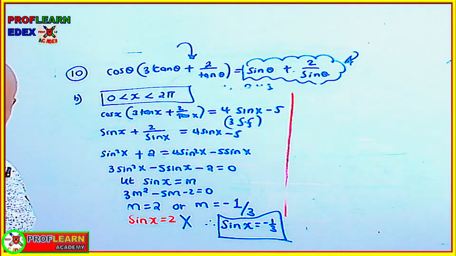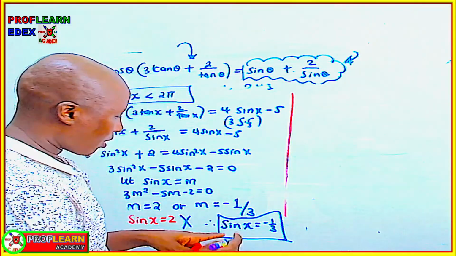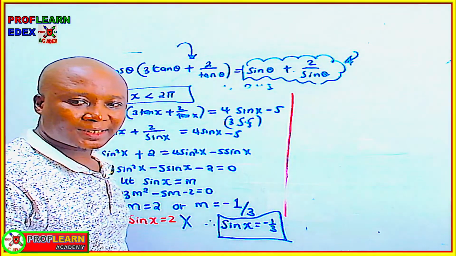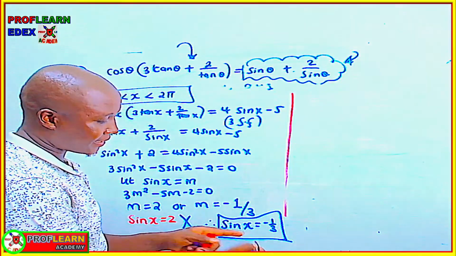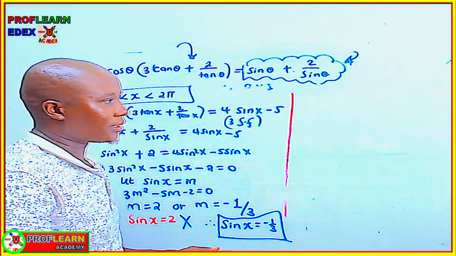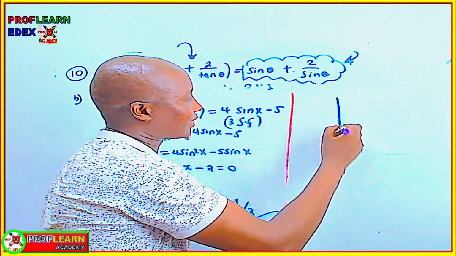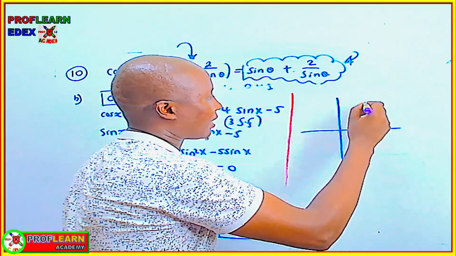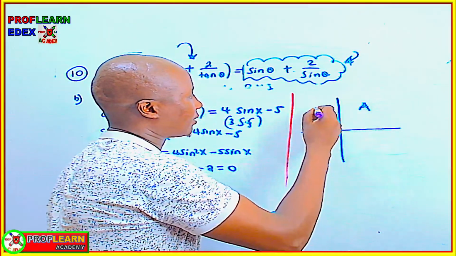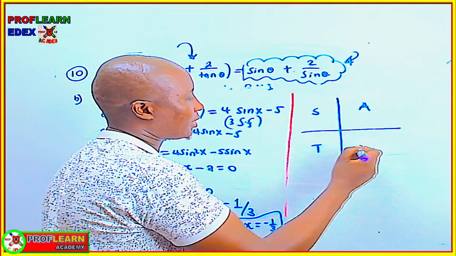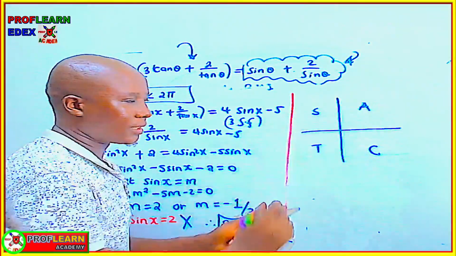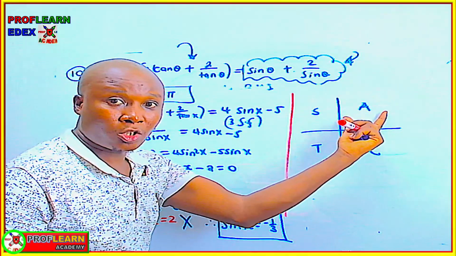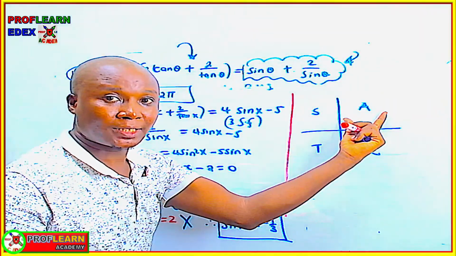Now, in order to use this value that we have gotten, we need to know where sine is negative, because sine x is negative a third. So we are going to draw the CAST diagram, the one that says all students in the whole world trust Cambridge University. In the first quadrant, all the trigonometric ratios sine, cosine, and tangent are positive.